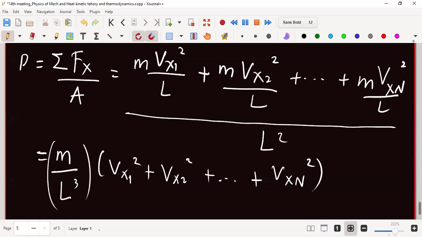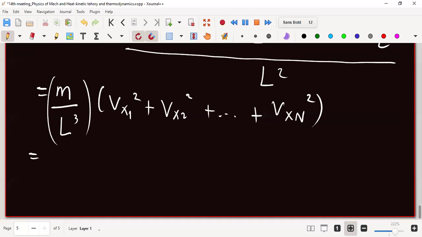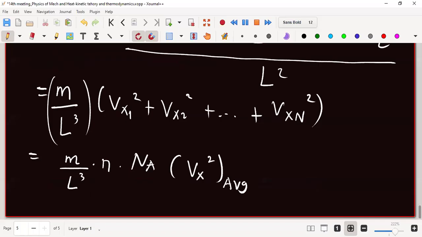Or we can write this equation as m divided by L cubed, and there is N, where N is the number of moles, times Avogadro number, and we can write here Vx square average, because N times Avogadro number times m is the molar mass.